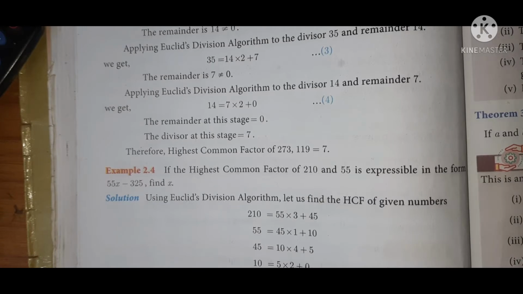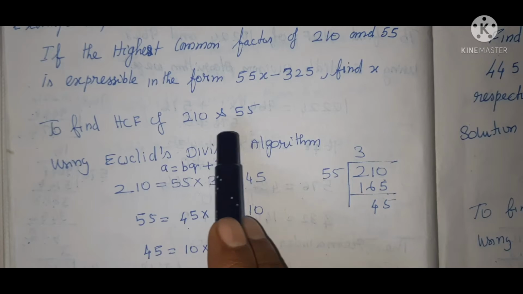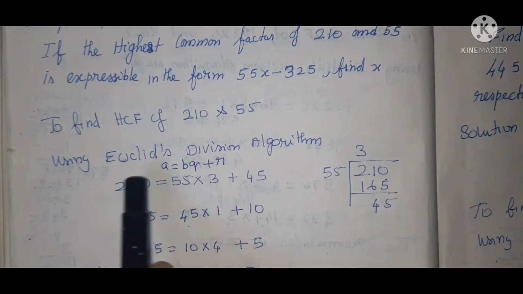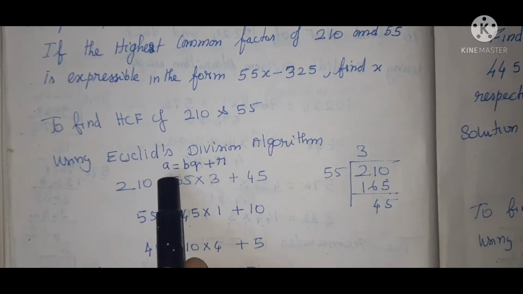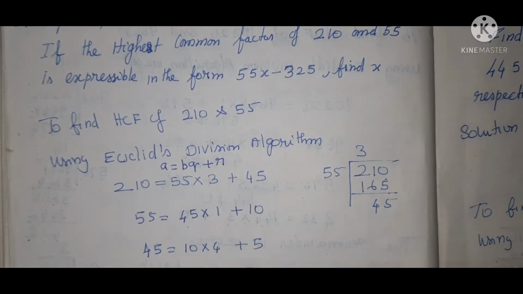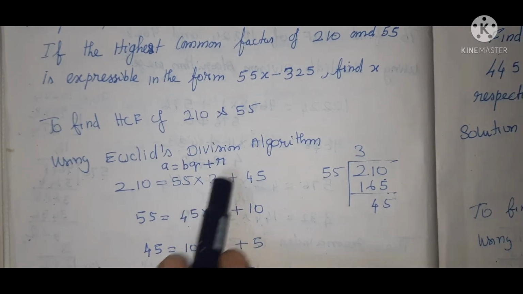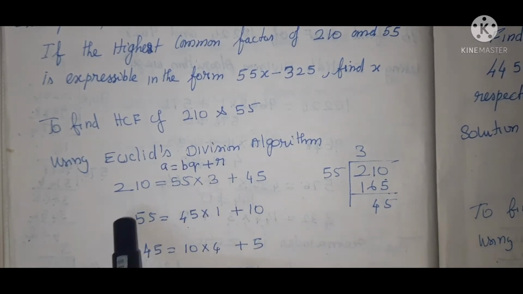To find the value of x, first find the HCF of 210 and 55 using Euclidean division algorithm, a equals bq plus r. A is the dividend, b is the divisor, q is the quotient, r is the remainder.